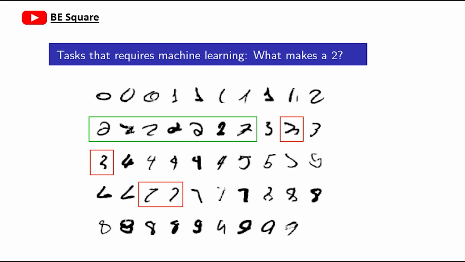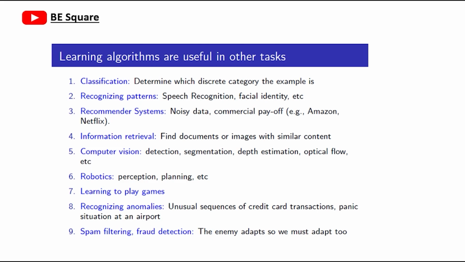In this way, with machine learning we can recognize different patterns and things. Learning algorithms are useful in many other tasks, for example classification, where we determine which discrete category an example belongs to, and recognizing patterns such as voice recognition and facial identity.